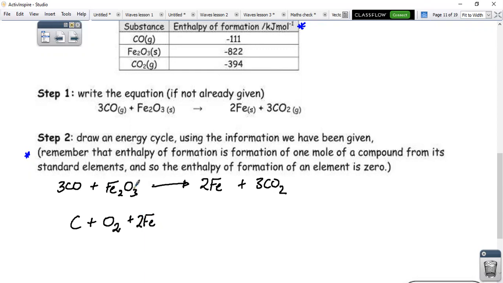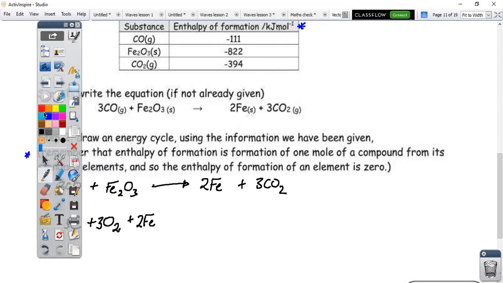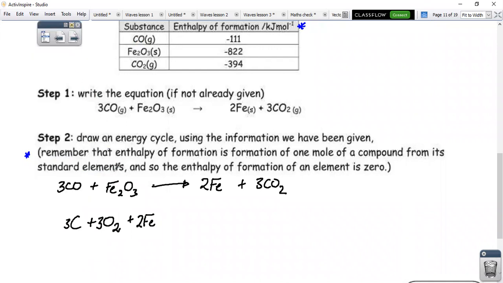How many oxygens do I have at the top? How many oxygens do I have on the left-hand side here? You have 6. So I need a 3 here, don't I? And carbons, I've got 3 carbons, so I need a 3. So this is the path that will, I'm going to put that in a different color. This will take me to this side of things, and I show my arrow.